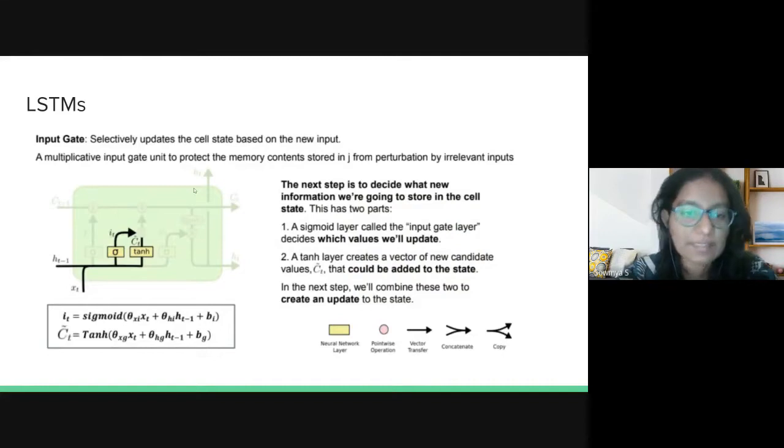The next one is an input gate. So not only are we controlling the amount of information from the previous state and the current state, here we are focusing only on the current state. So we have a sigmoid of xt and ht minus 1, and then we have a tan h also. Tan h is how the hidden cell state would have been calculated.